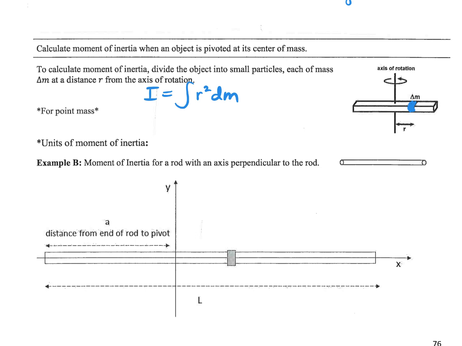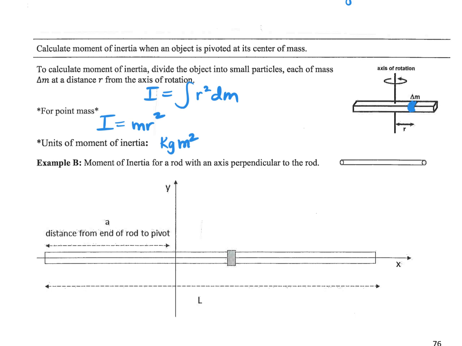Or from 0 to m, really, if you think about it, because it's dm, not from 0 to r. It's from 0 to m. All right. Now, for a point mass, of course, it's just mr squared. For a system of masses, it's the integral. Units for moments of inertia, of course, again, is kg m squared.